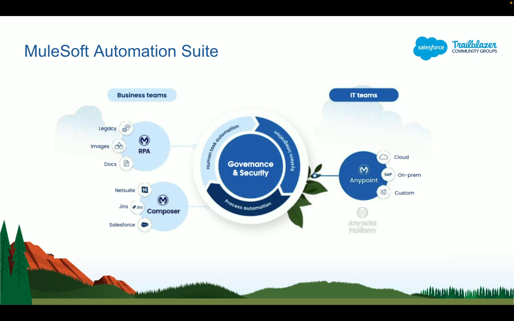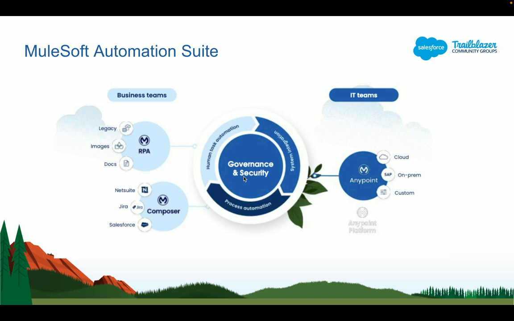This is where MuleSoft empowers the business teams in an organization by making these automations without writing a single line of code. And this is where we use MuleSoft Composer. Now, in Anypoint Platform, we may use a certain level of code, but in MuleSoft Composer, we don't have to write a single line of code. Everything is point and click based. And all of this automation is done with governance and security.